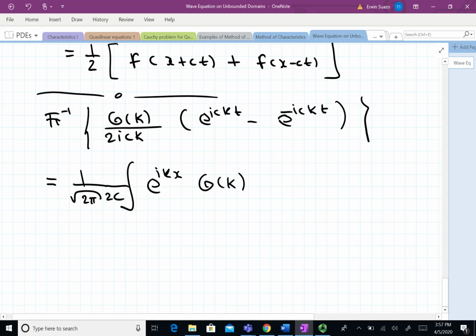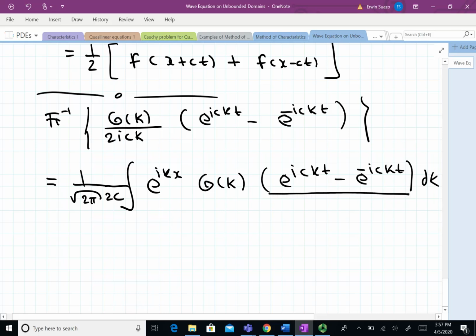I take it out, and I got e to the ickt minus e to the minus ickt dk, and then I have over 2ik. Okay.